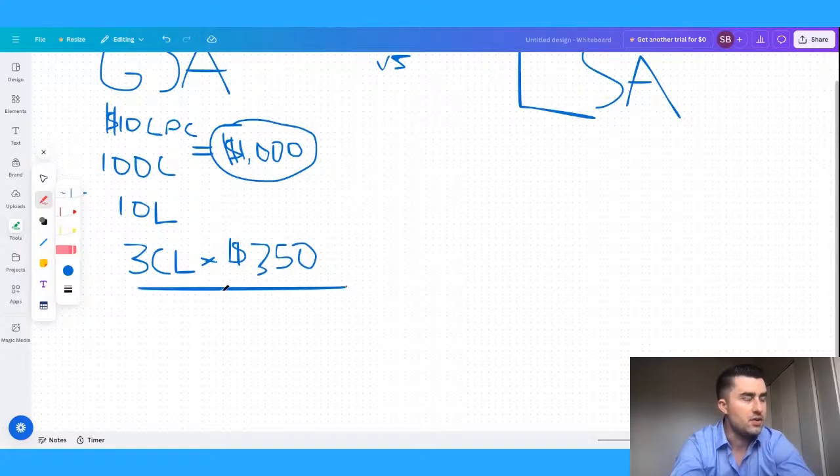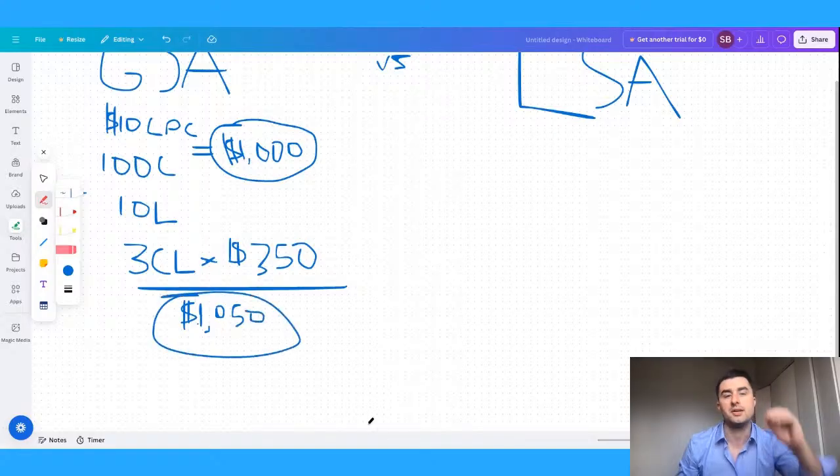And then obviously, that is just doing basic math here. The total revenue that you're able to generate, right, is $1,050. Okay, $1,050.